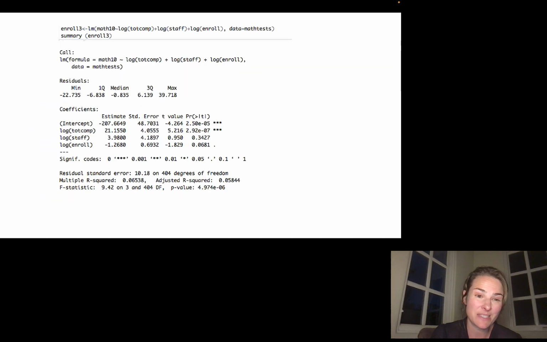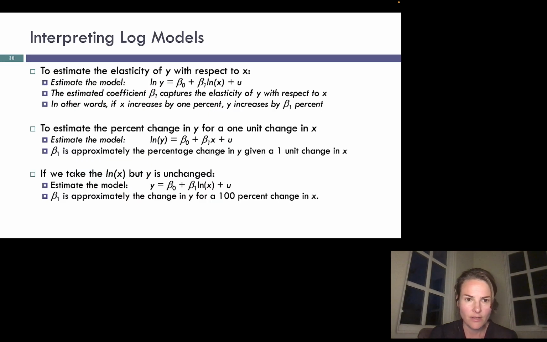So I actually made a mistake in how I spoke of this one. A 1% change in total compensation leads to a 0.2 point increase in test scores, because we divide that 21 by 100.